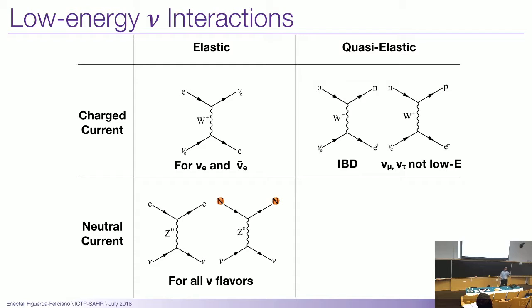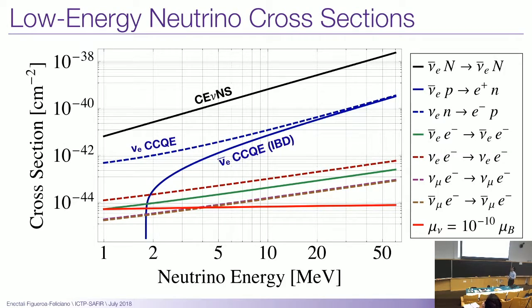So one thing we can do is look at the cross sections of these processes. If you look at the cross sections, this is what you get. And you can see that the neutral current one is called coherent elastic neutrino nucleus scattering.